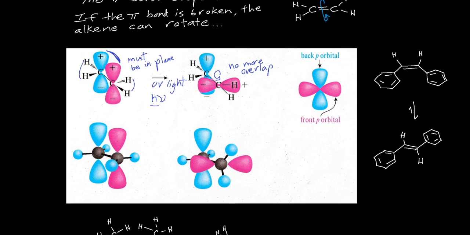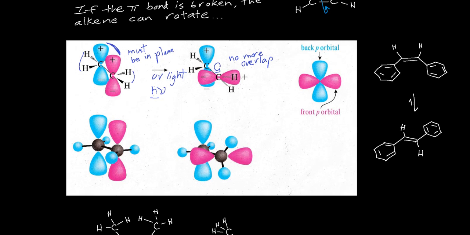So this is maybe a little bit better picture. You can see the trigonal planar geometry here, the overlap, and then the breaking of the pi bond, which you can imagine the continued rotation around there. So off to the right here, we see cis, this molecule, cis stilbene, which is a common name.